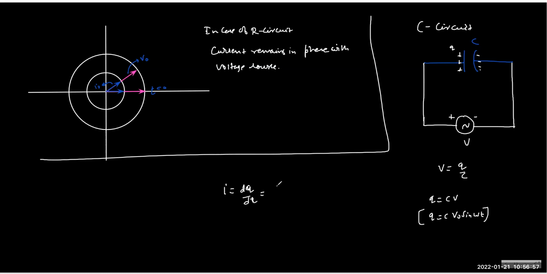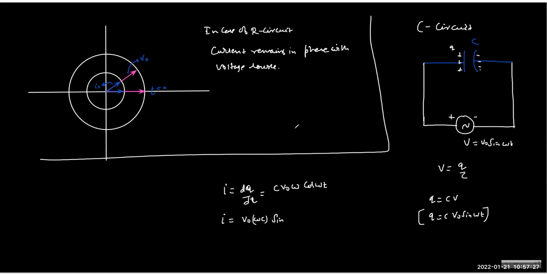And if we differentiate this, what we get? C V naught omega cos omega t. So we can write this as V naught omega C. I'll come to that. But I wanted to compare with the original applied voltage, which is V naught sine omega t. And therefore, to get the comparison, we can write this as sine.